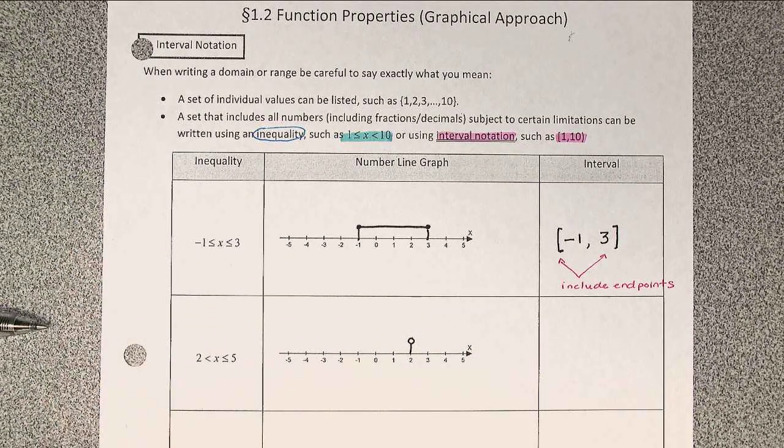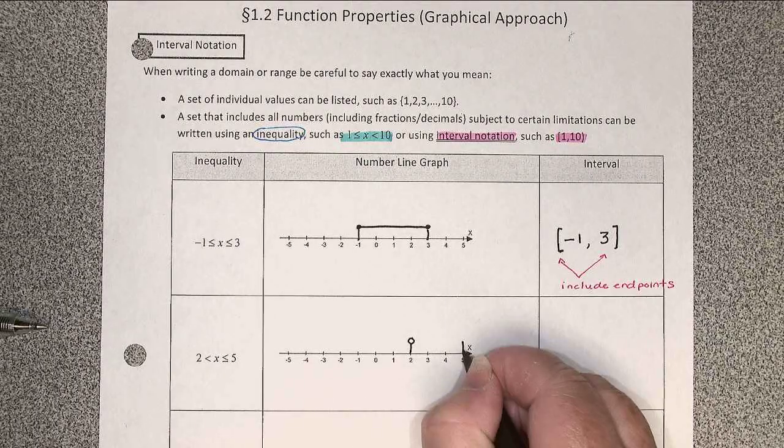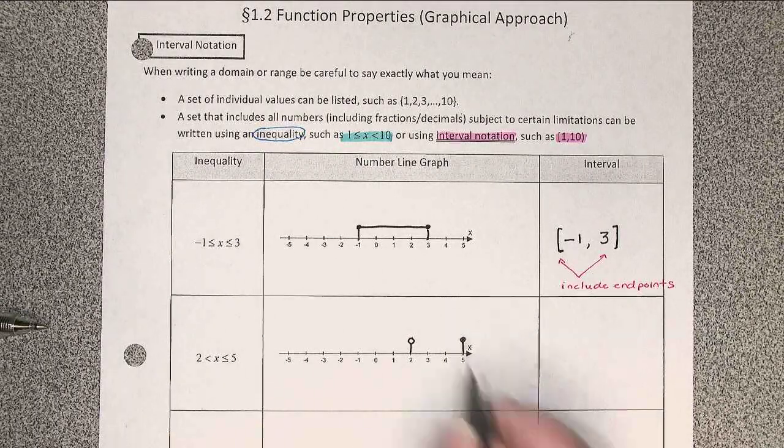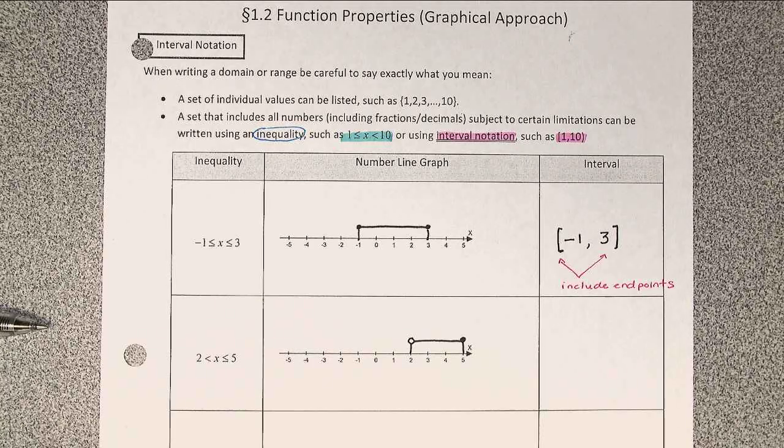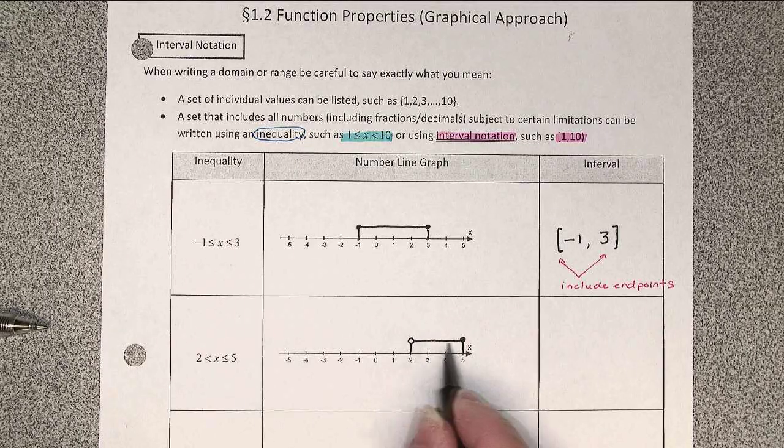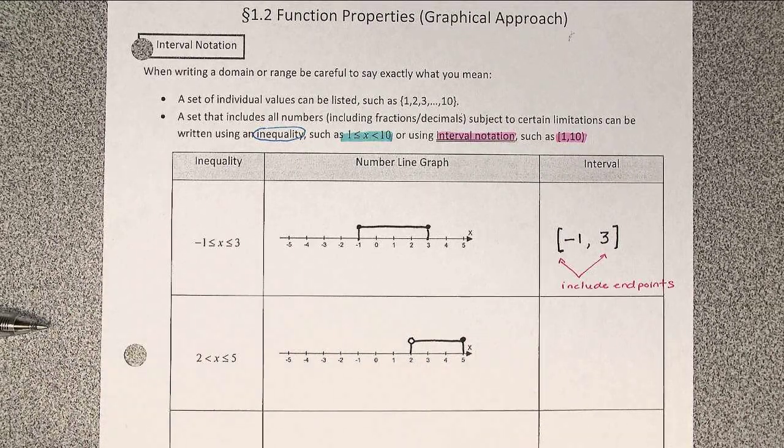That means I can get as close to 2 as I want to, but I can't actually touch it. My x is never actually equal to 2. I keep going until I get to 5, and I can equal the 5, so I'll use the solid dot there again. And then I wanted all the numbers in between, so I just connected them with a solid line covering all the fractions and decimals in between.